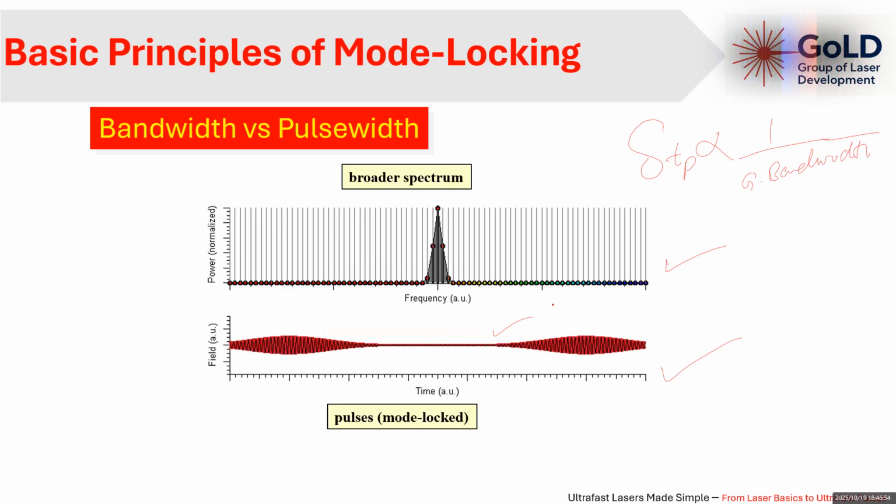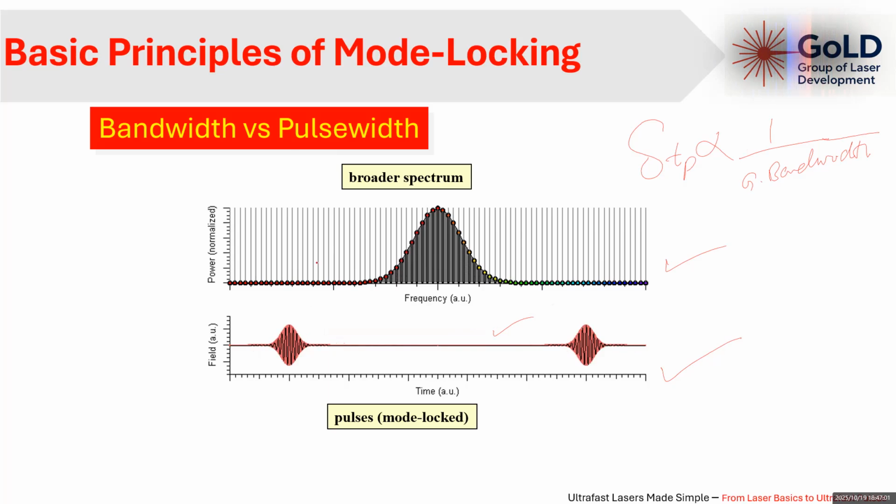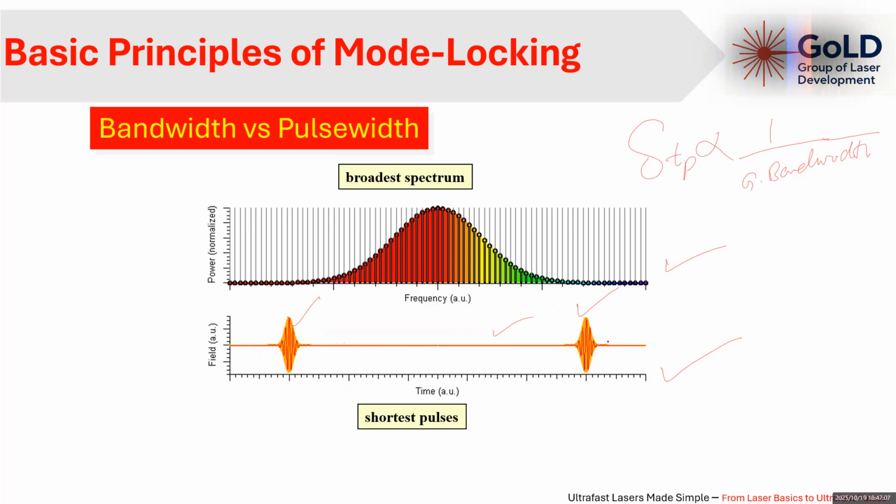The spectrum is getting broader, and you can see the temporal domain here. These are the pulses here in the time domain. It's getting narrower. Okay, so now you have a very broad spectrum. Many colors are there, so it means they have many modes.